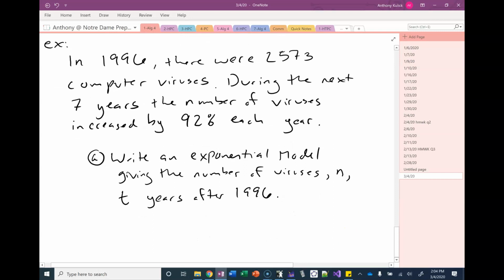Here it says, write an exponential model giving the number of viruses n, t years after 1996.